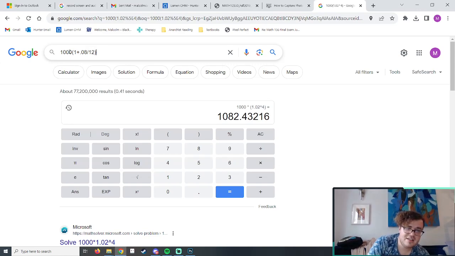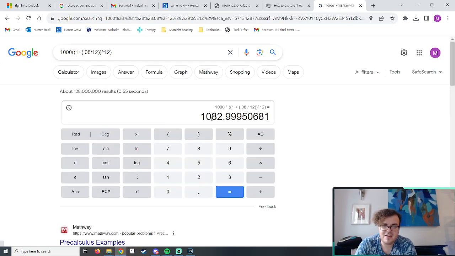Order of operations says I don't need a special set of parentheses there because the multiplication and division happen before this addition, but if you want to be extra careful, you can put a set of parentheses in here. And then I'm going to go again to the power of 12 this time. Again, order of operations says that this 1,000 is not going to get raised to that 12th power because we're going to evaluate this first. But if you're scared, you can always put parentheses.